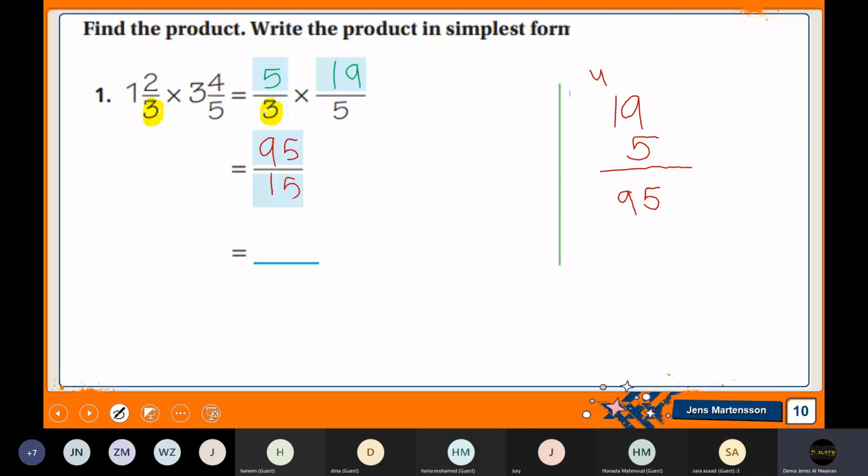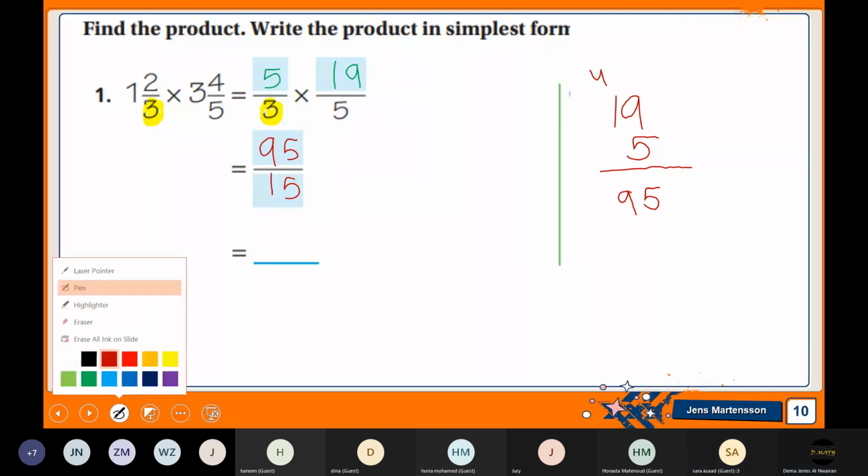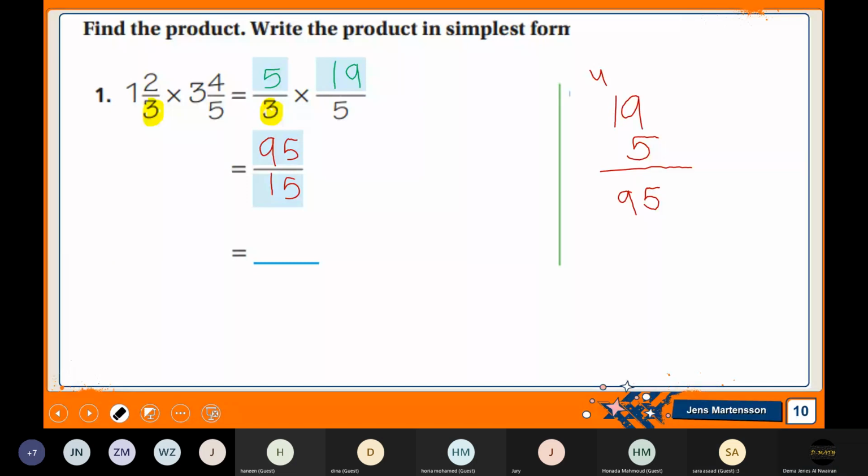Now, can you simplify them more? Yes, we have to divide them by each other. 95 over 15 is 6, and the remainder is 5.